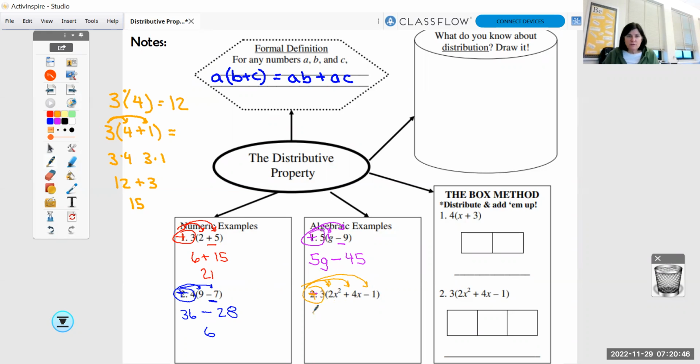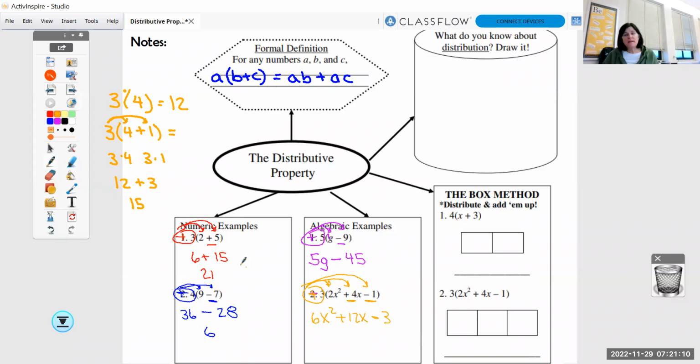So 3 times 2 is 6, and we're going to leave our variable the same, x squared. Now we have 3 times a positive 4. 3 times positive 4 is positive 12. We write plus 12x. And then we have 3 times negative 1. 3 times negative 1 is negative 3. So we write it as minus 3.